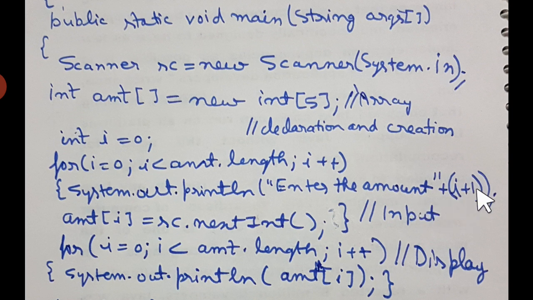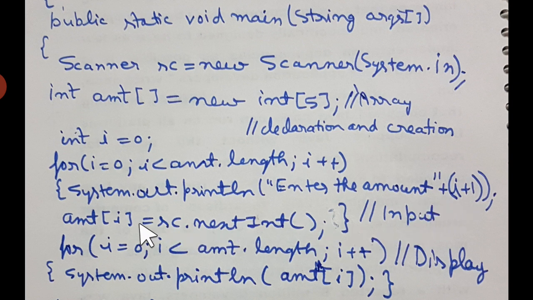The value of i has not been changed at all. If i is 0, it will display 1. If i is 2, it will display 3. So it is just for the message to be displayed on the screen.